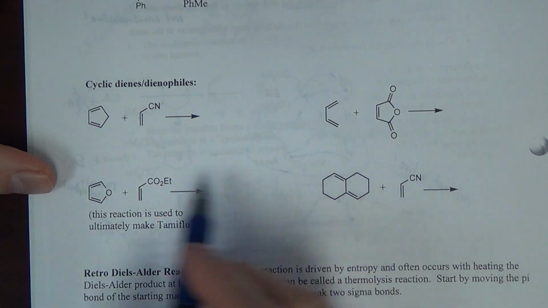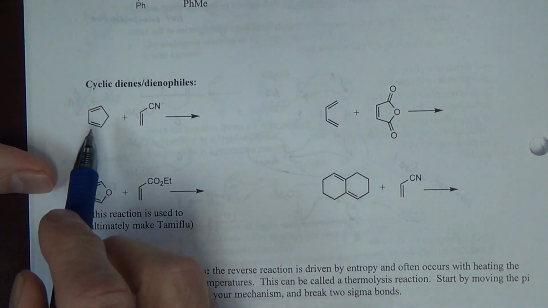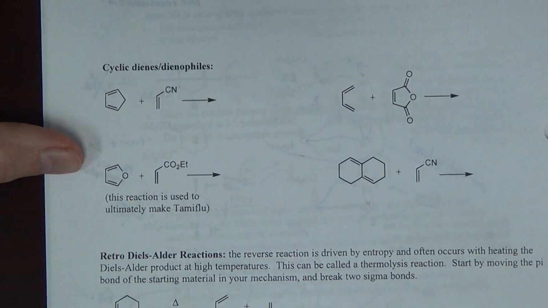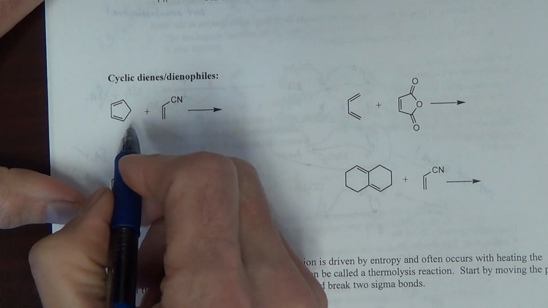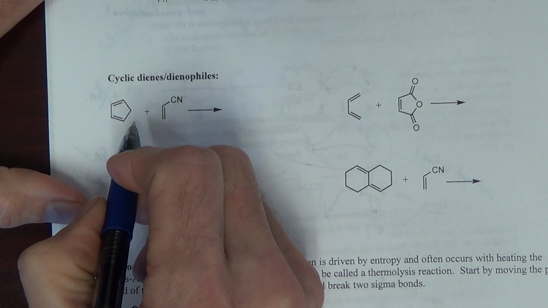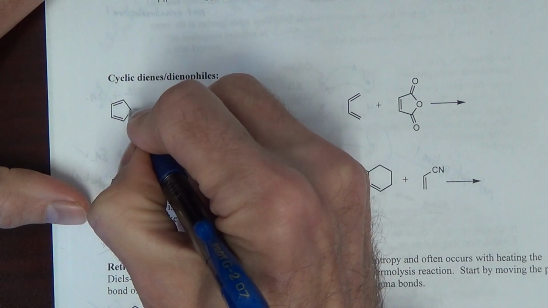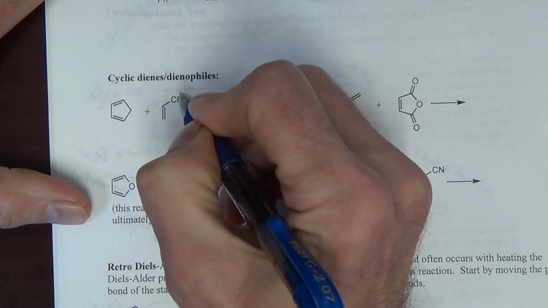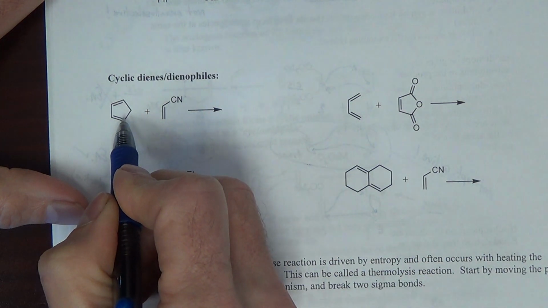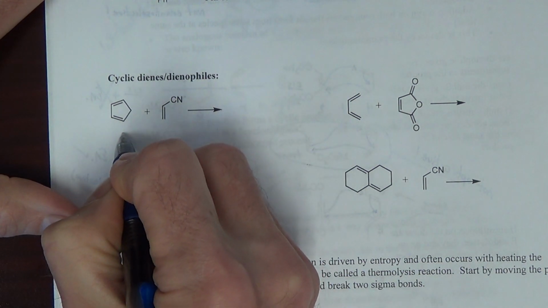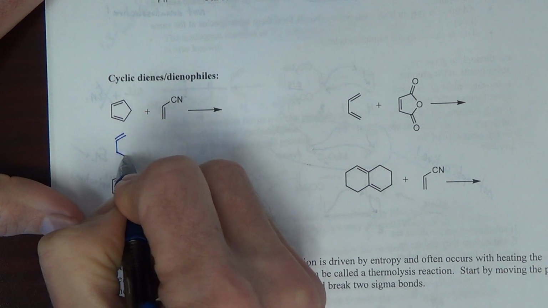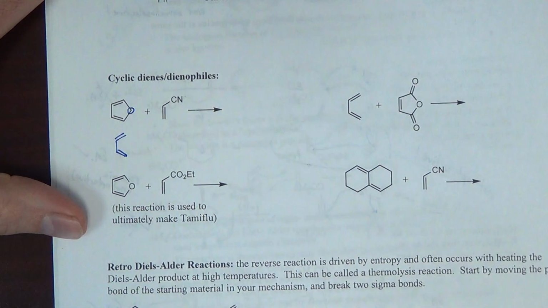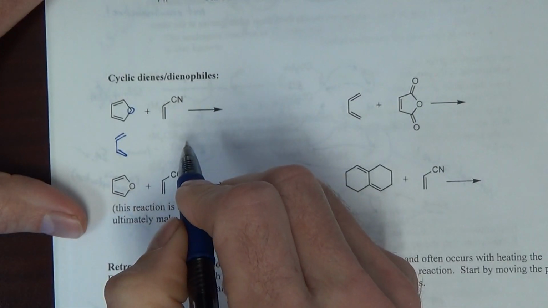Let's do some examples with rings. We noted that the diene could be a ring. When you have these, I would recommend you just ignore the connecting carbon here, with this 1-carbon bridge.